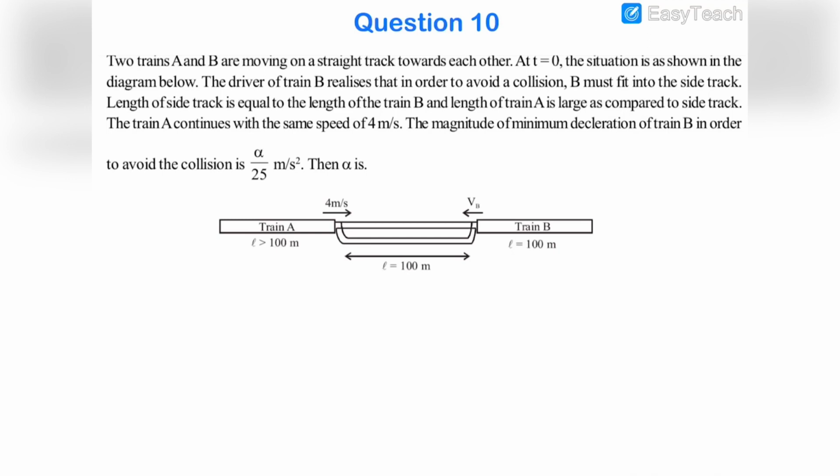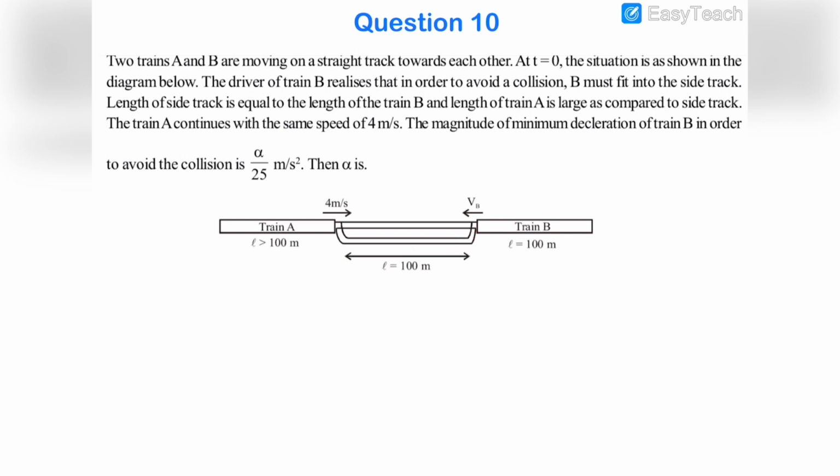In this question you can see that there are two trains A and B which are moving on a straight track towards each other. At t is equal to 0, the situation is shown, and the train driver of B realizes that in order to avoid the collision, this B train must fit into the side track.